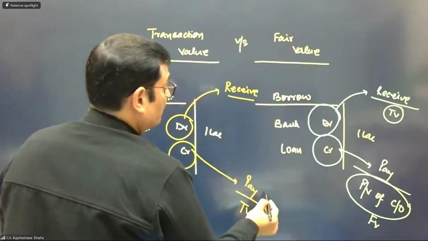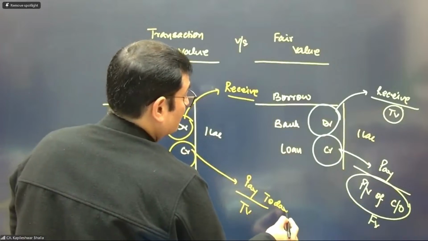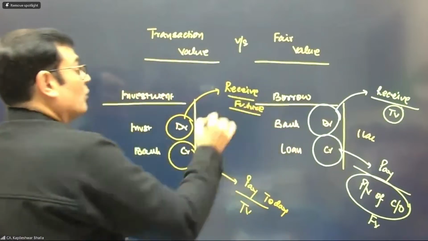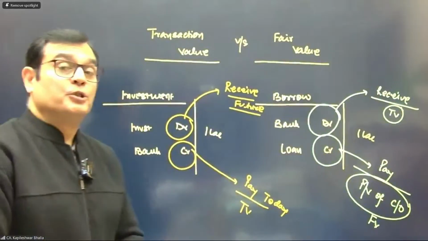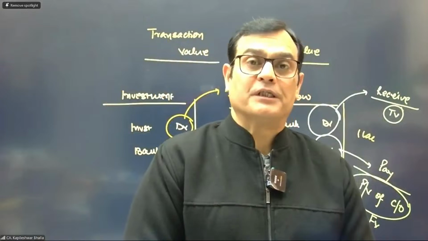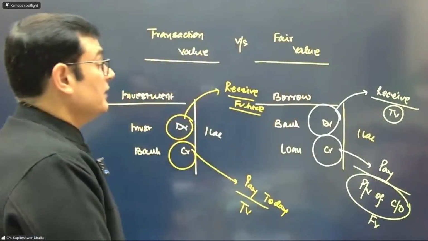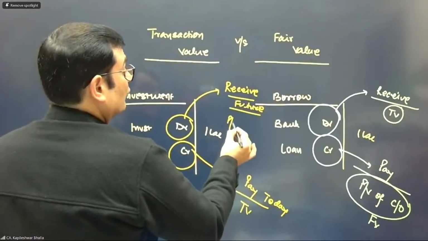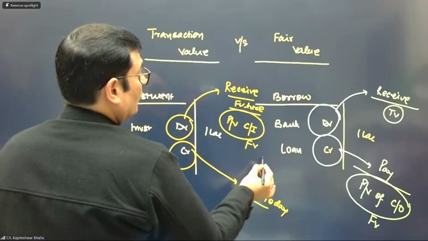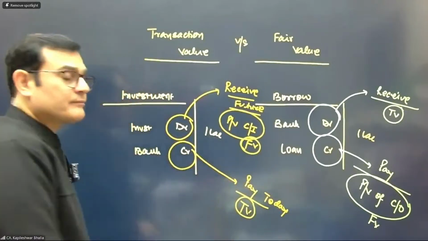So this is what you paid today, and this is what you're going to receive in the future. You will get interest, you will get the contractual cash flows in the future. So you need to consider the present value of all the future cash inflows, and this is what is going to be called a fair value.